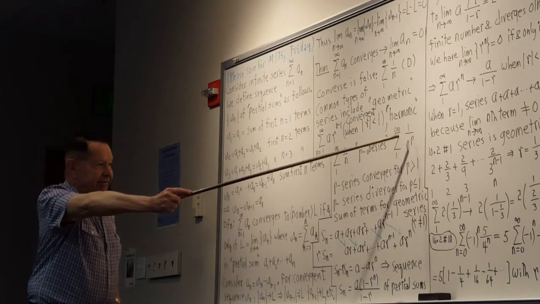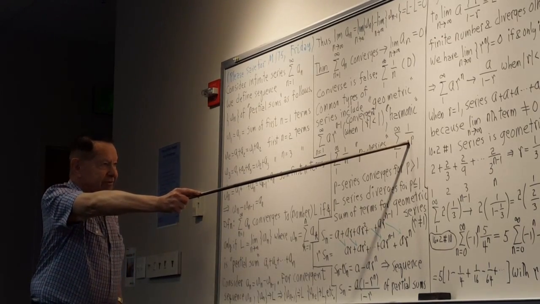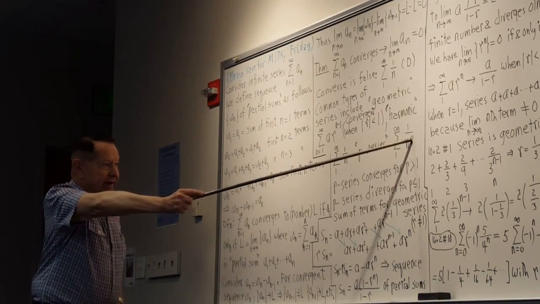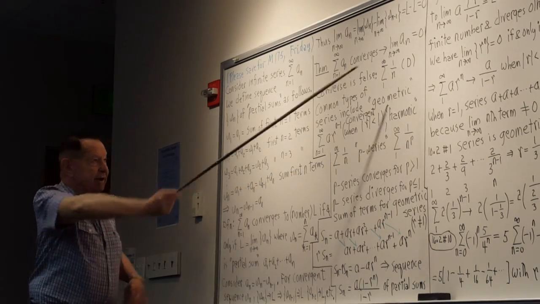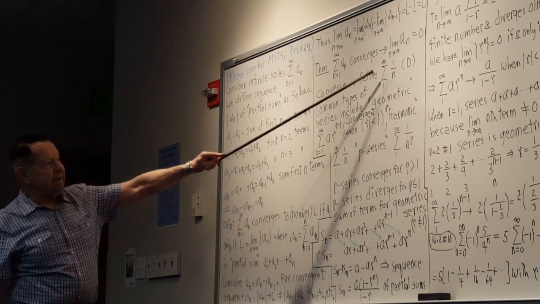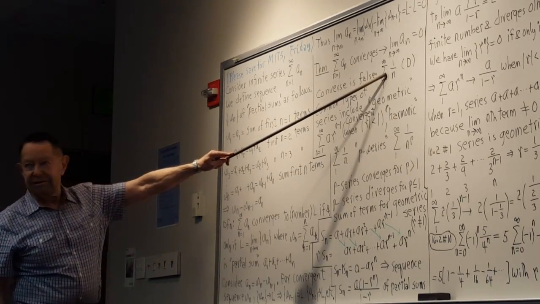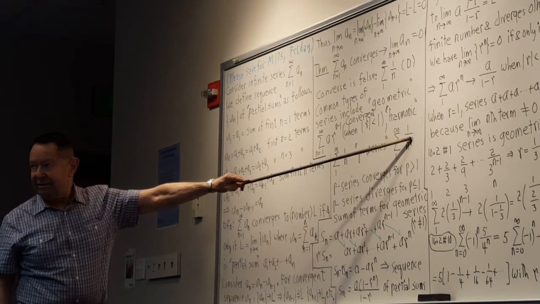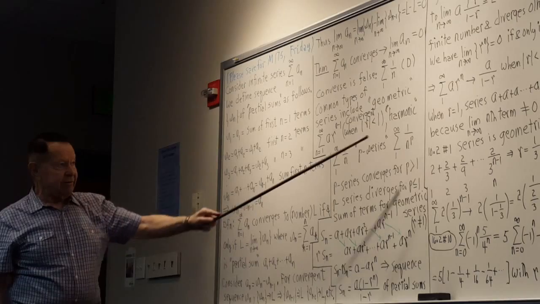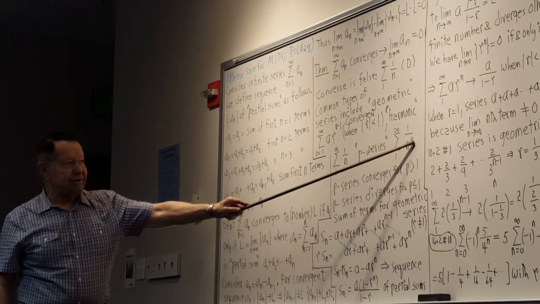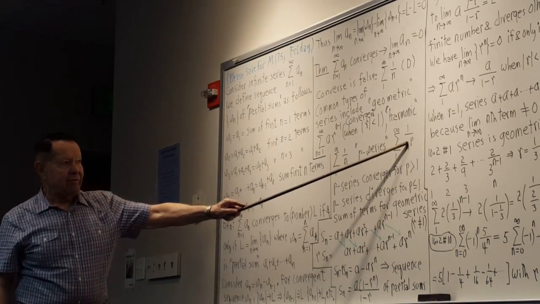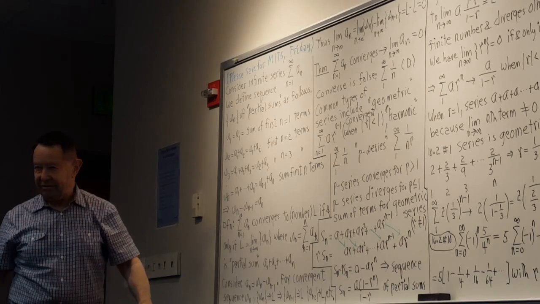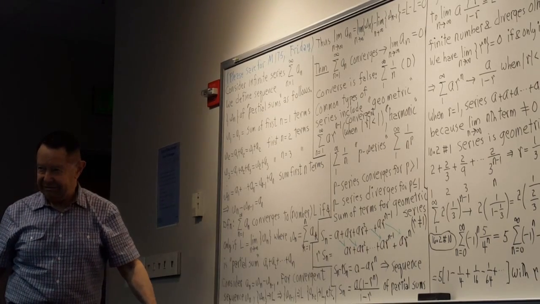This could be, for example, 1 over n squared, or 1 over n, where p is the first power. So this harmonic series is a special case of the p-series, where p is 1. Or the p could be a fractional exponent. You could have 1 over the square root of n, or 1 over the cube root of n, stuff like that.